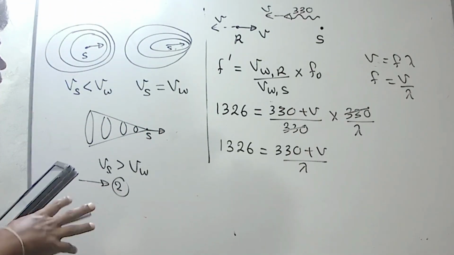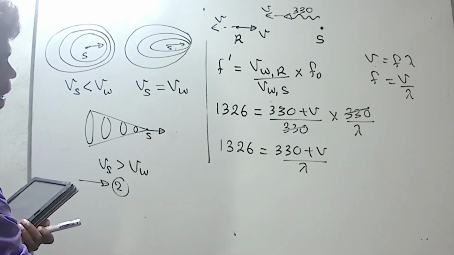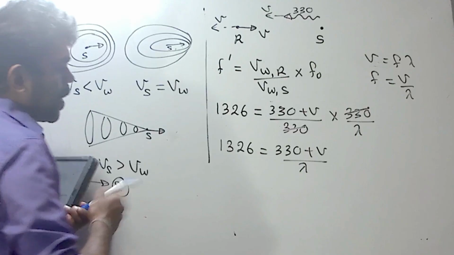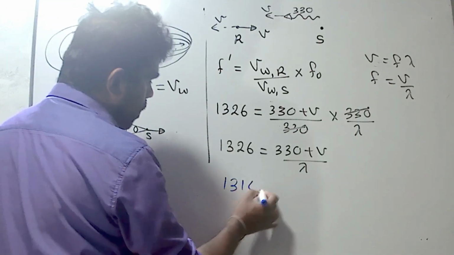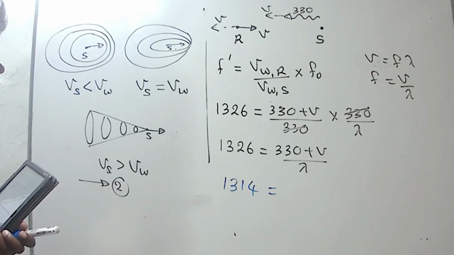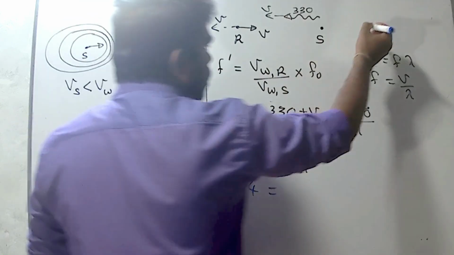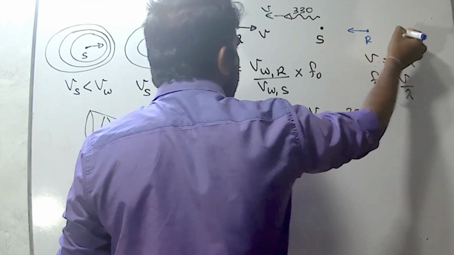Then I will consider the minimum apparent frequency. When getting the minimum apparent frequency, the value is 1314. It should be equal to the velocity of wave relative to the receiver. We can observe a minimum frequency when the receiver is moving in the opposite direction.